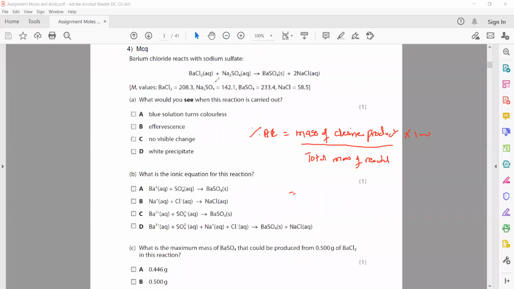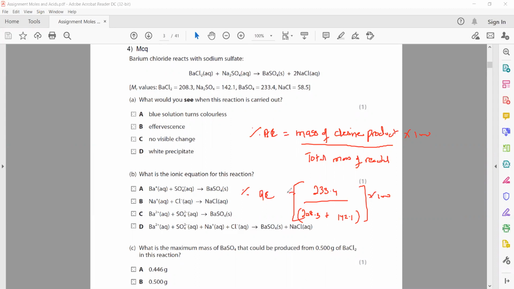So the mass of barium sulfate is 233.4, divided by the total mass of the reactants, barium chloride plus sodium sulfate. Barium chloride is 208.3 plus sodium sulfate is 142.1, and that is multiplied by 100.